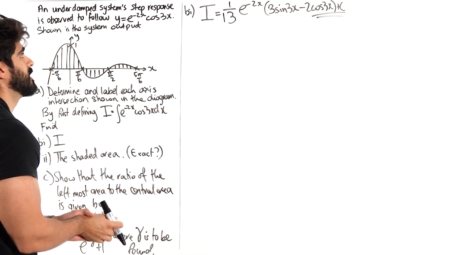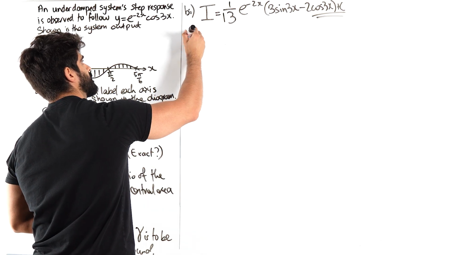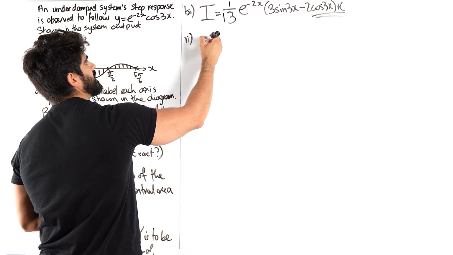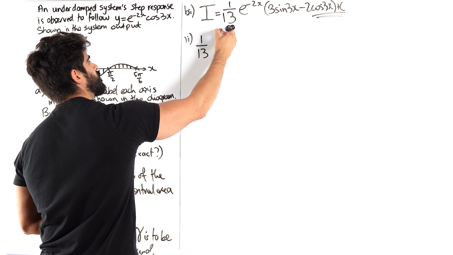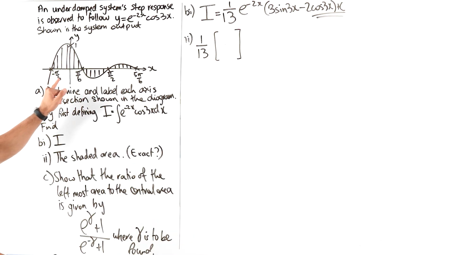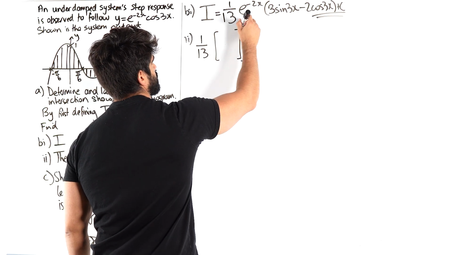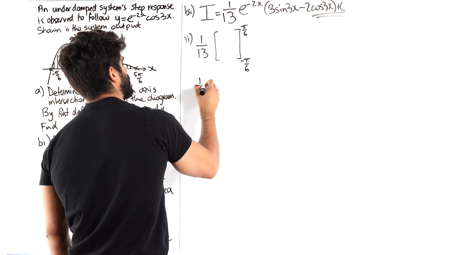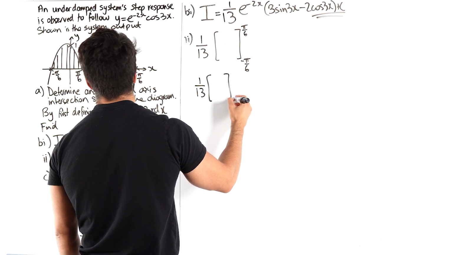You could actually factorize out 1 over 13 from all of them. But we're basically doing 1 over 13 square bracket between minus pi over 6 and pi over 6. Then 1 over 13 between pi over 6 and pi over 2.